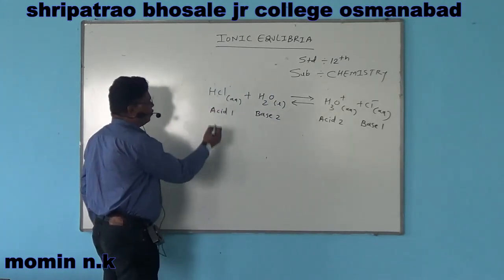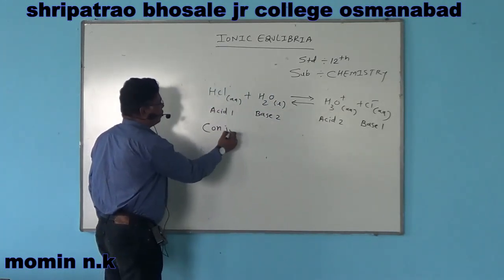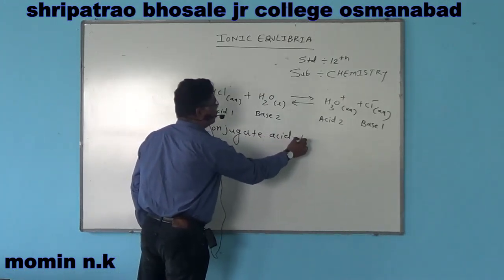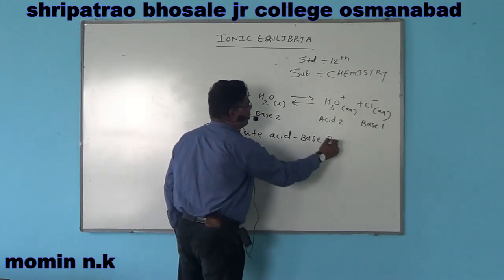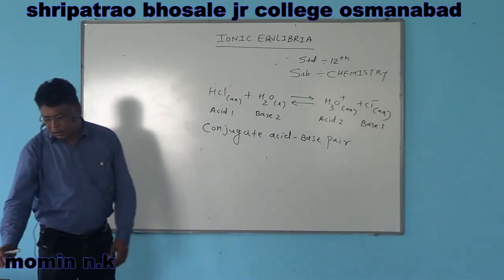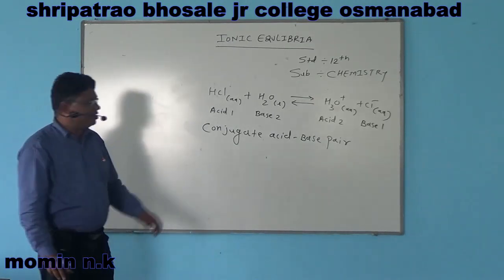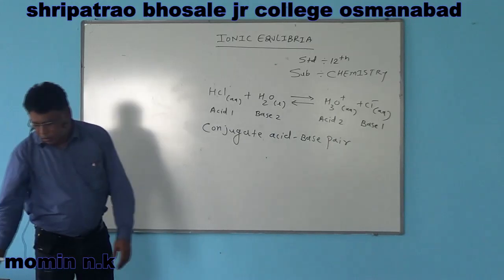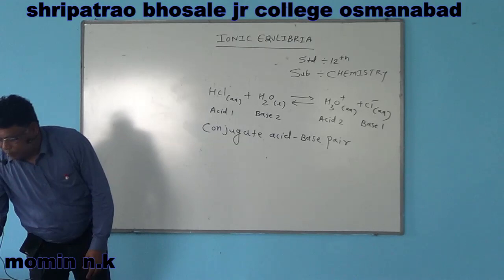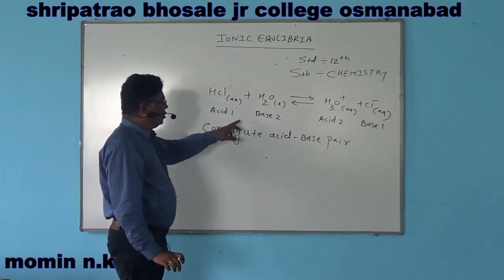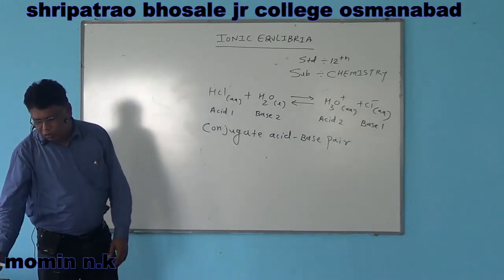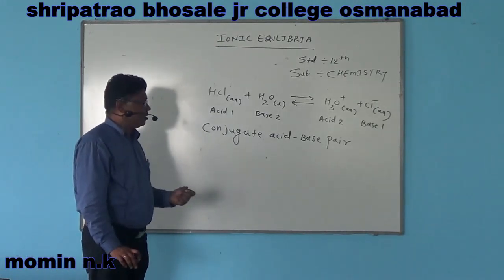So here we want to know what is called conjugate acid base pair. A pair of an acid and a base differing by a proton is said to be a conjugate acid base pair.